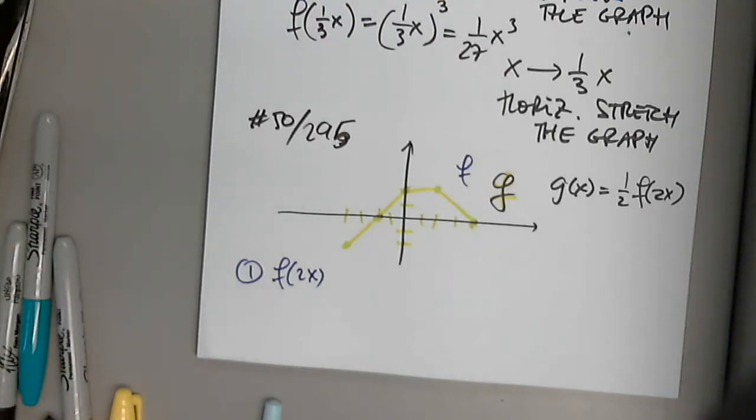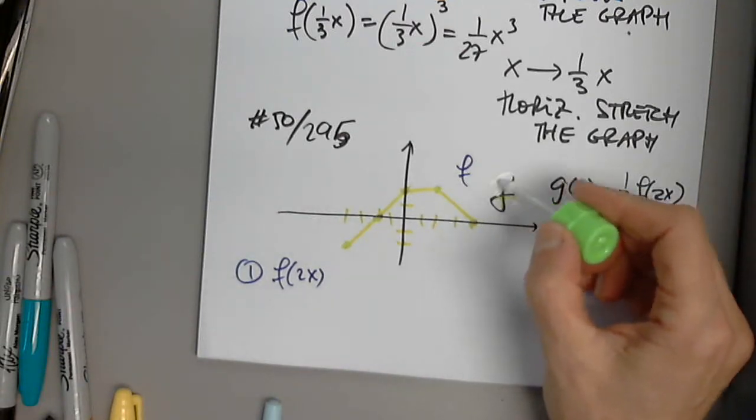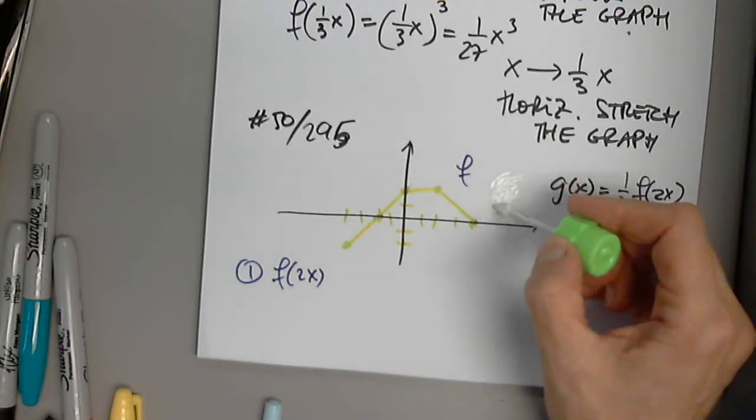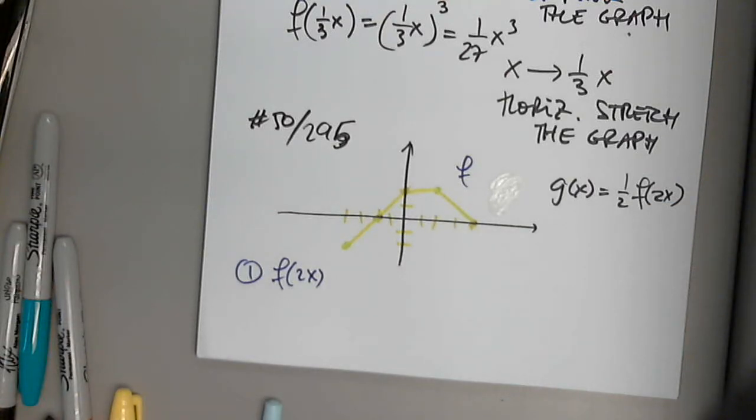Oh, yeah, it does say. Of course, it's f. And we want to graph g. Good. So what does f of twice x do to the graph of f? By a factor of 1/2. Correct. Because we changed x into twice x, it's not this, it's the opposite, so we have to shrink it.